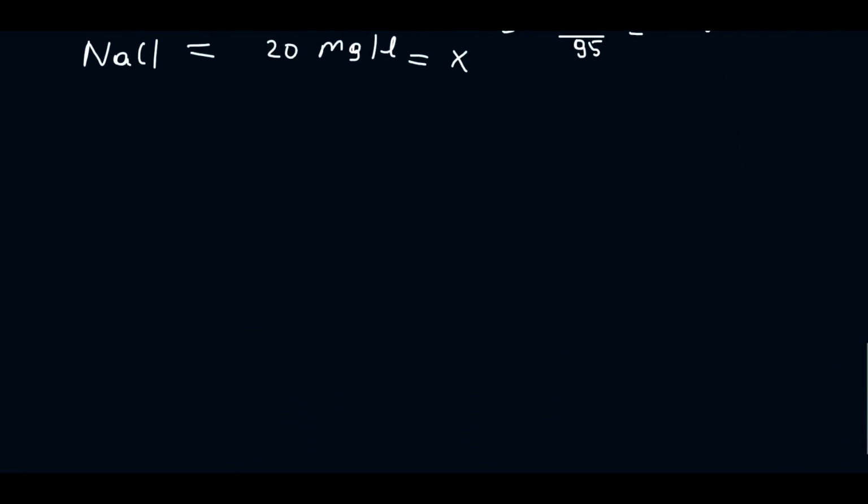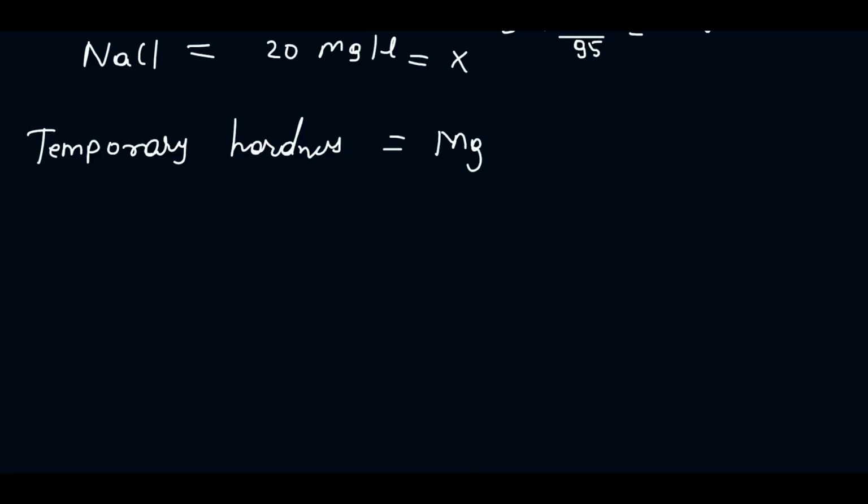Okay, so then from the above table, write down which are temporary hardness. Temporary hardness is equal to one temporary hardness is of magnesium, Mg(HCO3)2, another is calcium, that is of the Ca(HCO3)2.